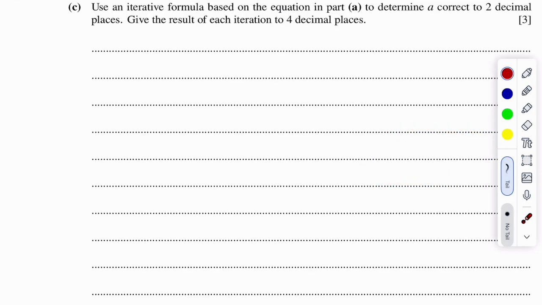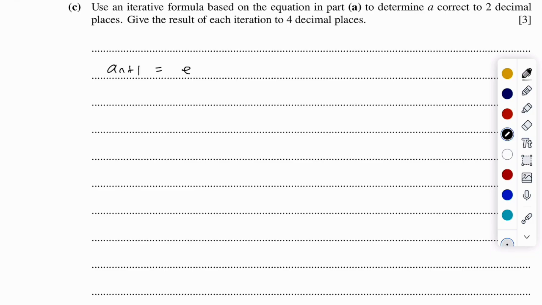Alright, now for number C, it's a classic iterative formula question, and I want us to determine A correct to 2 decimal places. Very simple. There's not really much need to calculate each one. Well, you do obviously in the exam, but just for demonstration purposes, I've done it before, so I'm just going to go through it quick.